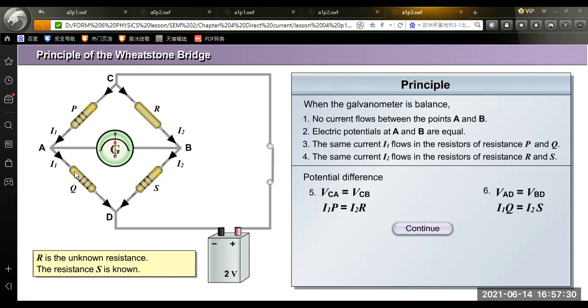Why? Because PQ are in series and RS are in series. So the potential difference VCA is equal to the potential difference VCB. So this means no potential difference.